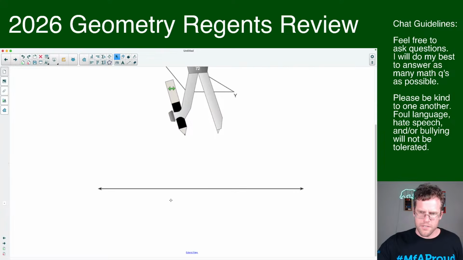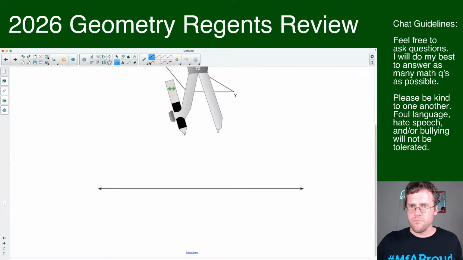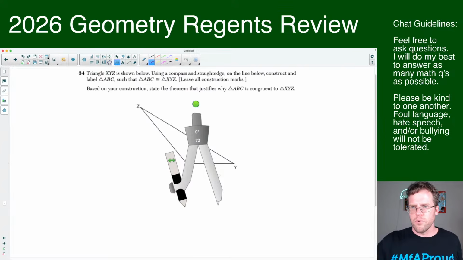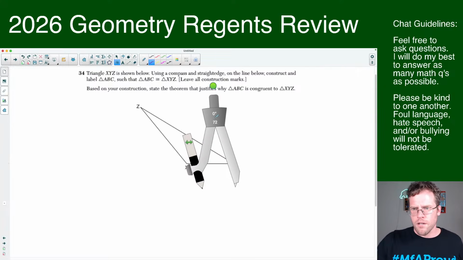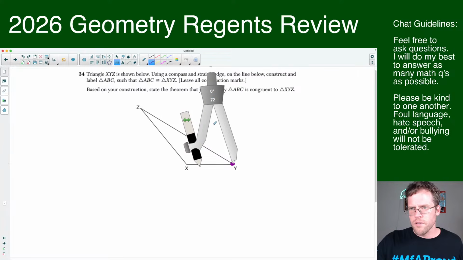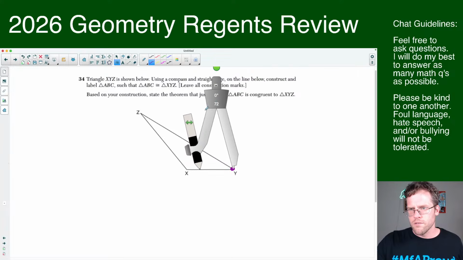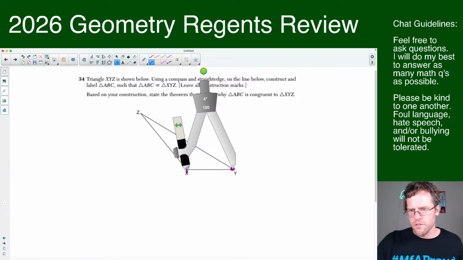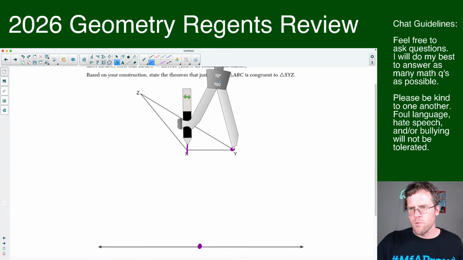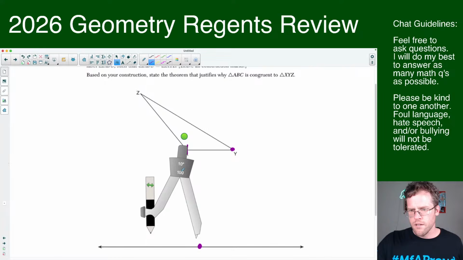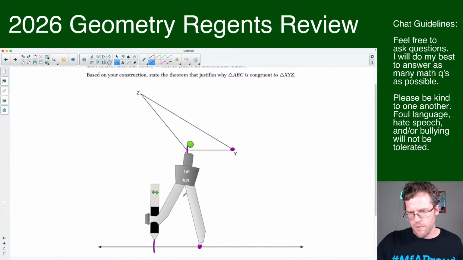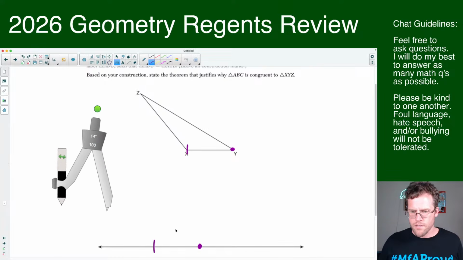If I'm copying a line segment, I'm just going to draw a point to start on the line over here. That's my reference point, so this one would map to this one. I'm going to copy this first. I open this up and I measure, so that would be the distance from X to Y. I place this over here, and you see this part here matches with this.